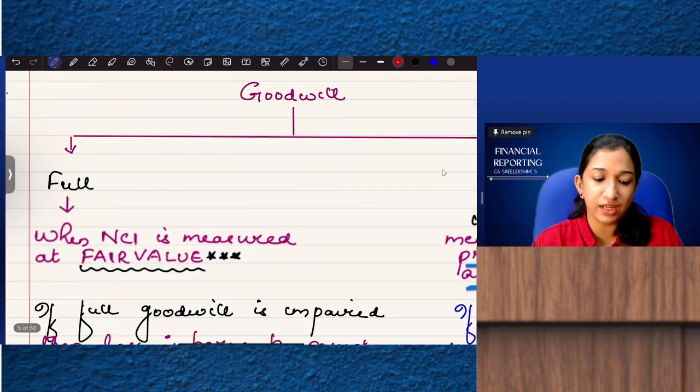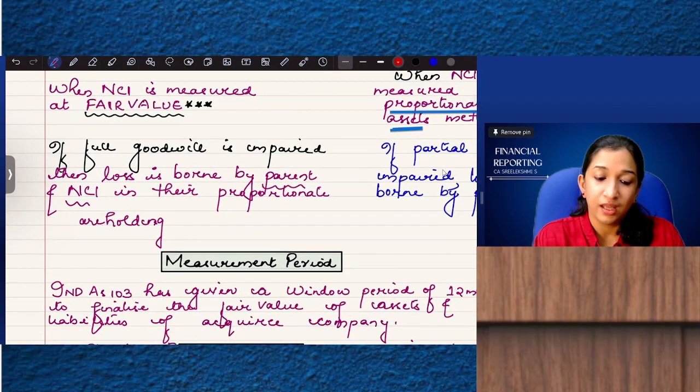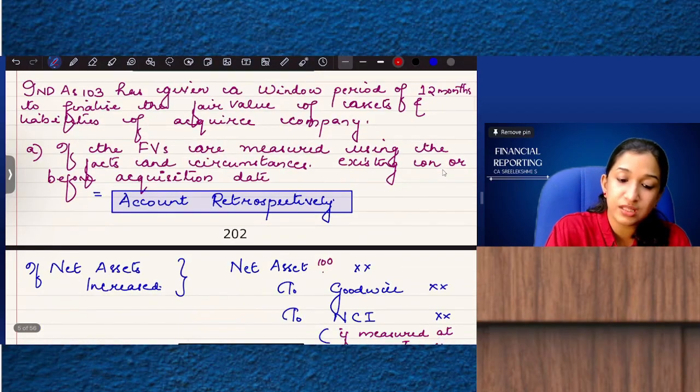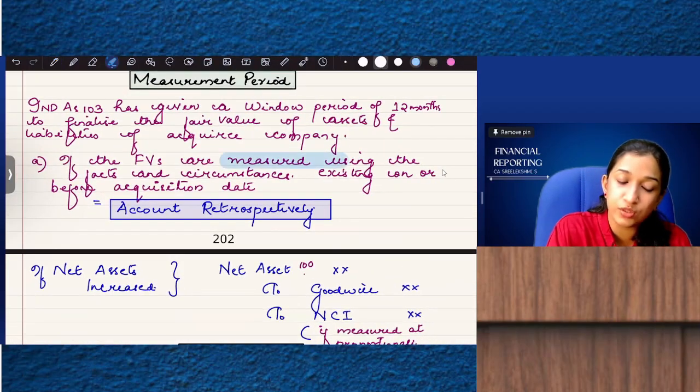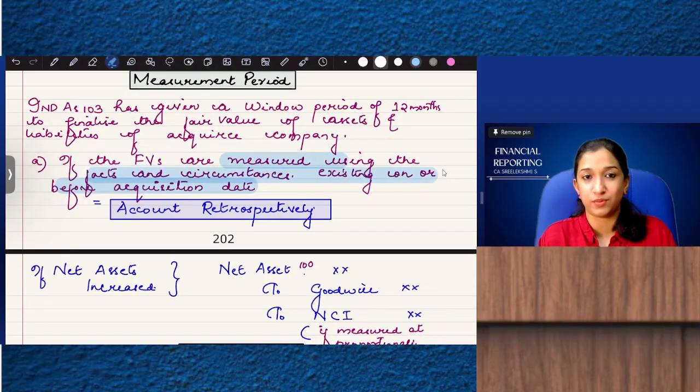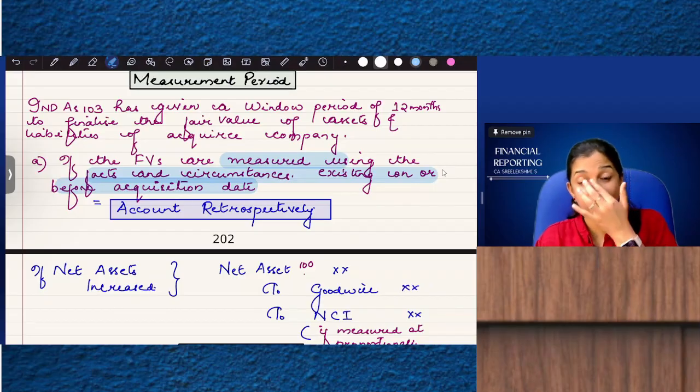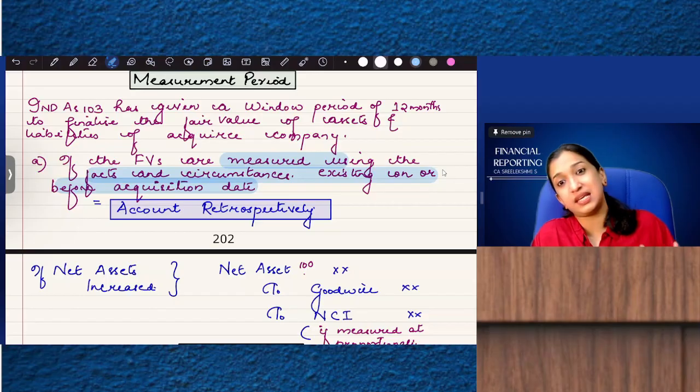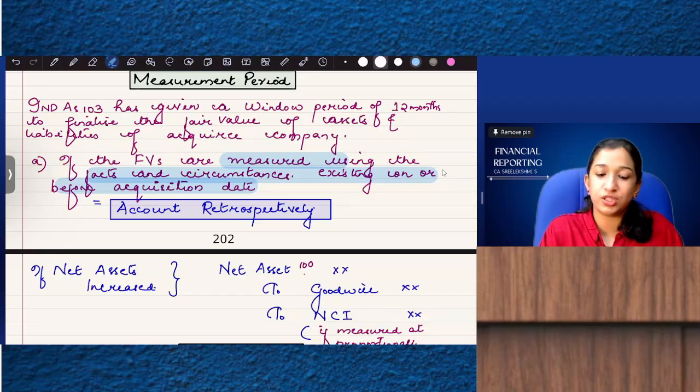So what is given in measurement period? If the fair values are measured using the facts and circumstances existing on or before the date of acquisition, okay, in 12 months you finalize the fair value, it is retrospective accounting.